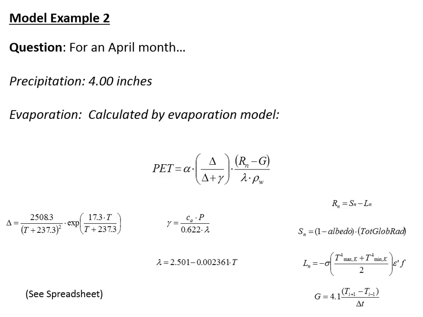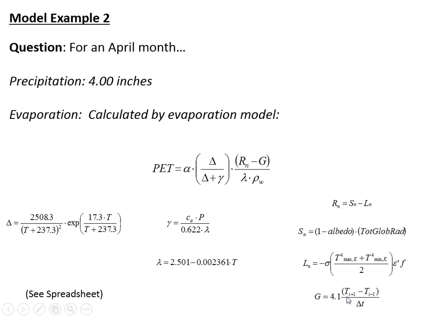When we're measuring the radiation S sub n, that is the solar radiation, the incoming shortwave radiation. But the long-wave radiation you can estimate as a function of the air temperature. And then G is how much energy is being lost by the ground.